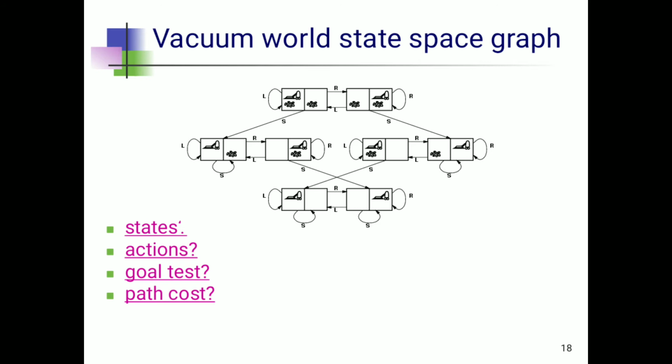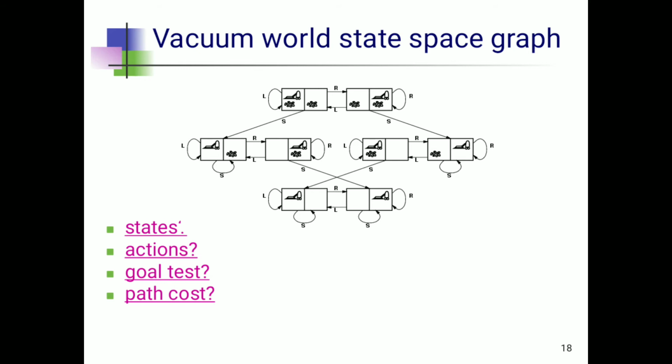Now we'll see the example problems. As the first example we'll see the vacuum world state space graph. In this graph we are seeing there are two locations, location A and location B, and in these squares dirt may or may not be present.